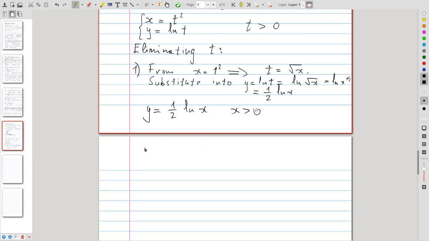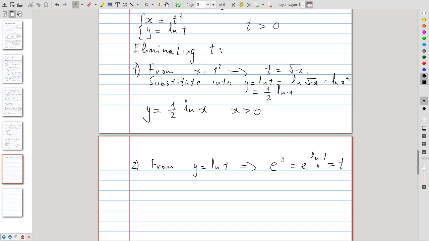Another way to think of this same curve is to solve the second equation for t. We have from y equal to log of t, it follows that if you take e and raise it to the two parts of this equation, we'll have e to the y equals e to the log of t, and so this is just t. It follows that t is equal to e to the y.